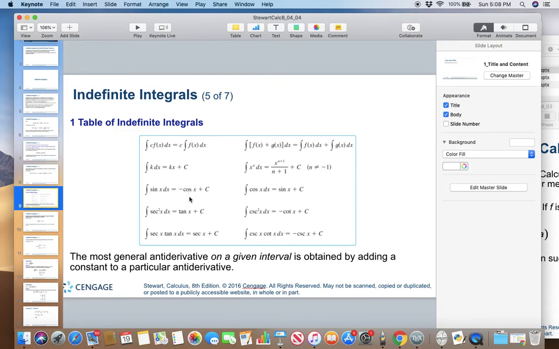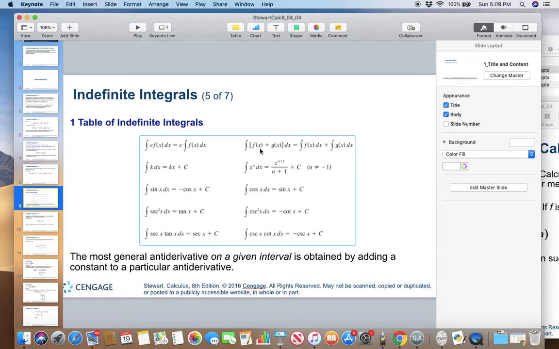The derivative of cosine is negative sine, so the integral of sine is negative cosine plus c. The derivative of tan is secant squared, so the integral of secant squared is tan x plus c. The derivative of secant is secant x tan x, so the integral of secant x tan x is secant x plus c.